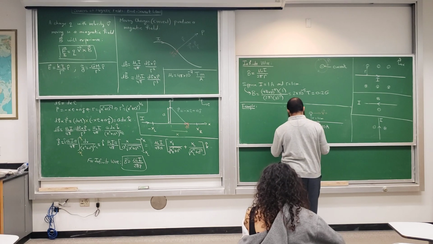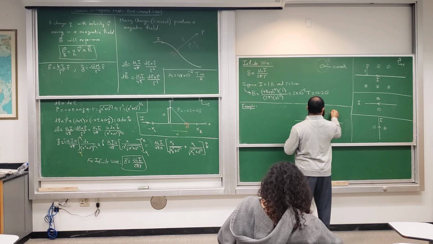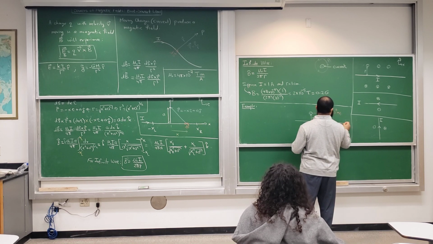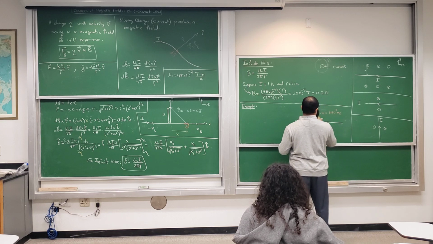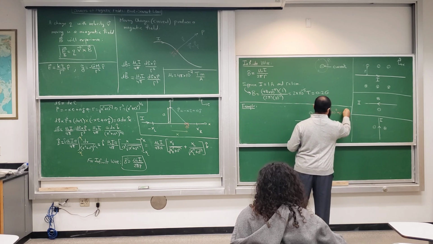The velocity of the electron is 1 times 10 to the 7 meters per second. Actually, let's say this is 5.